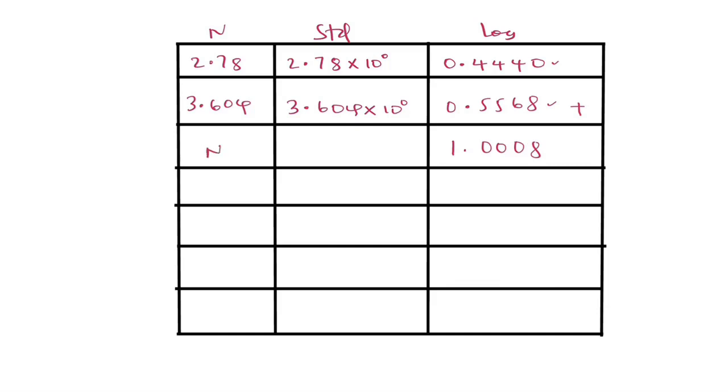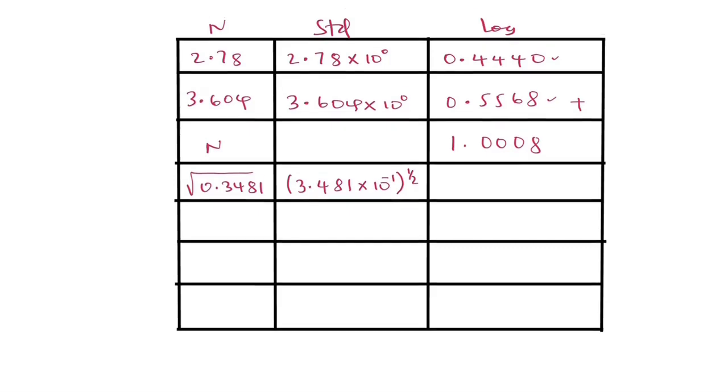Our next number is the square root of 0.3481. Writing this in standard form, we have (3.481 times 10 power negative 1) power 1 over 2.